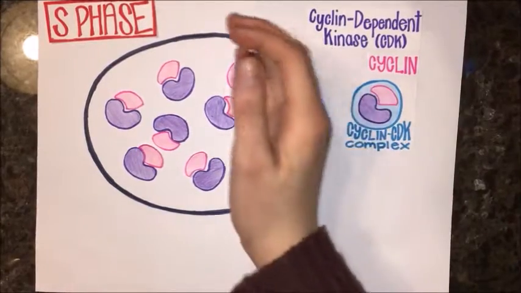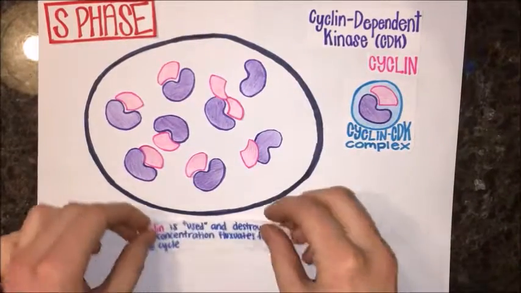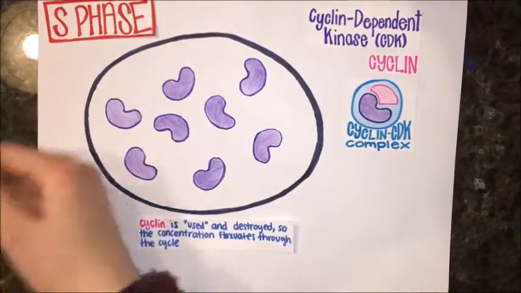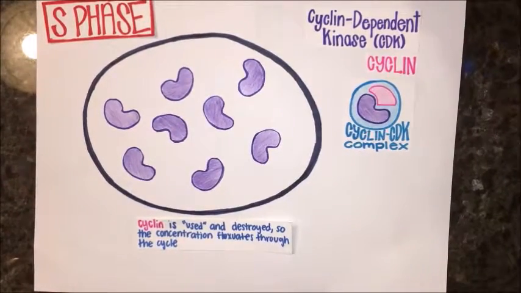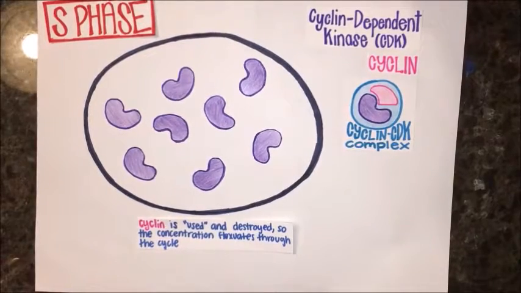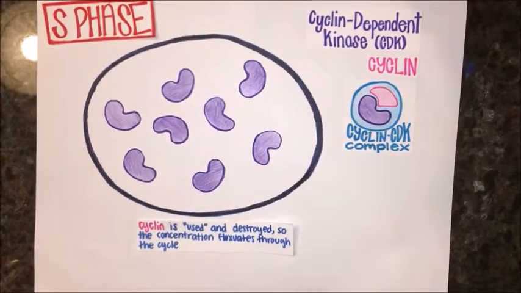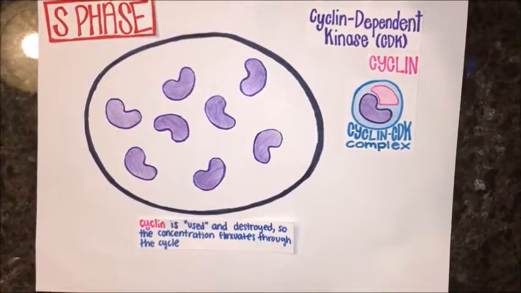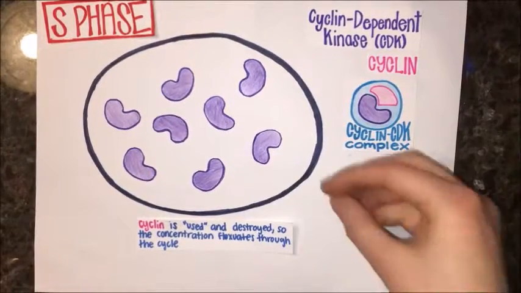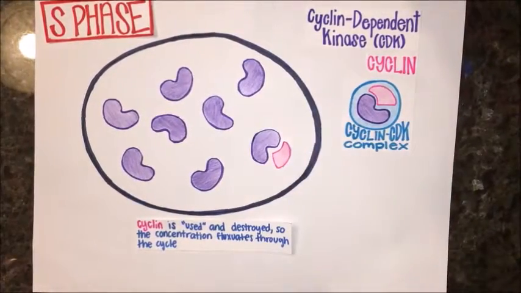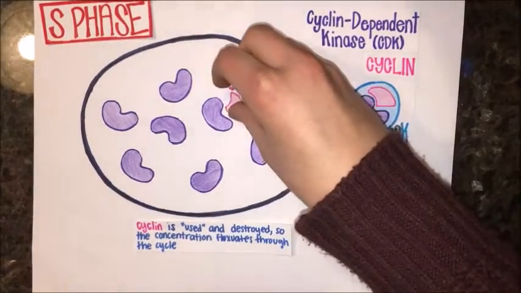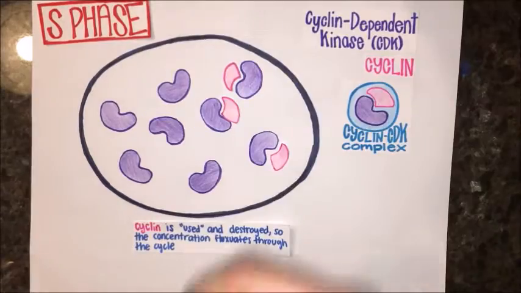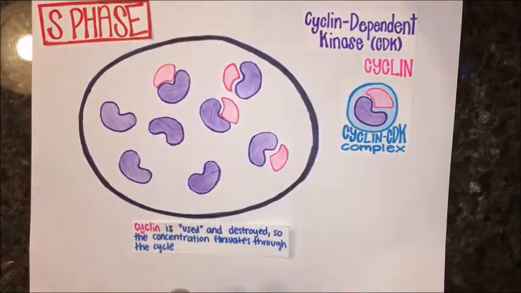And the cyclin is actually used up and destroyed through this process, and it starts over again, which is why the cyclin concentration fluctuates throughout the cell cycle, while the CDK concentration does not, because it is not destroyed, it's a protein. And the process repeats throughout the S phase, and like all the phases.